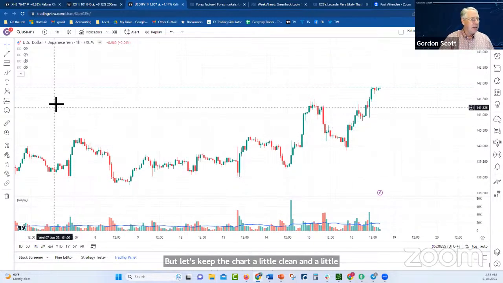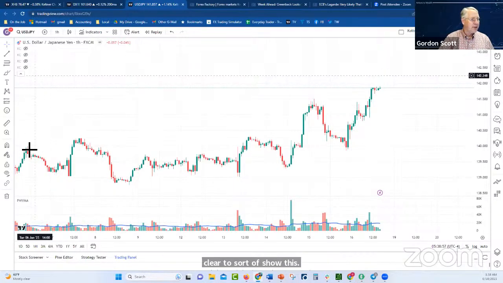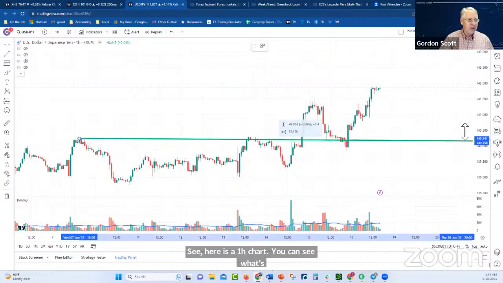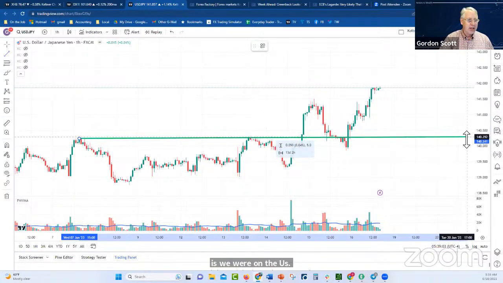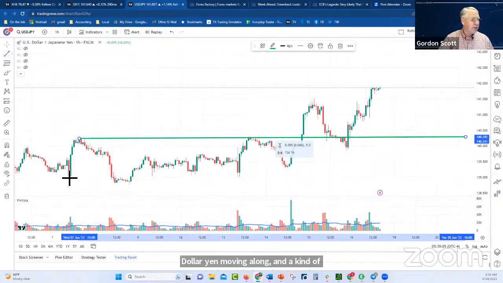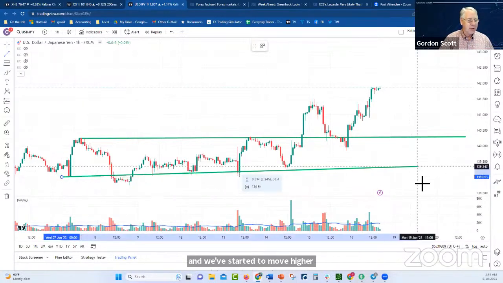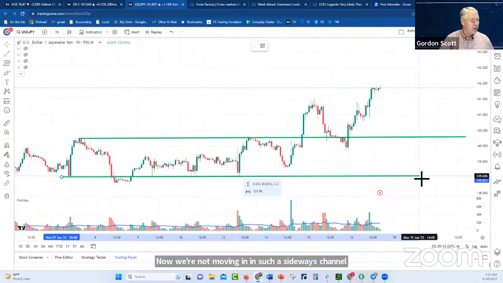Here is a 1 hour chart, and you can see what's happened is we were on the US dollar yen moving along in a kind of sideways channel, and we've started to move higher now. We're not moving in such a sideways channel, or at least we weren't when the markets closed last week.